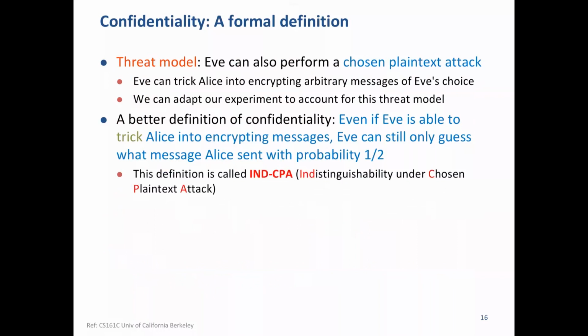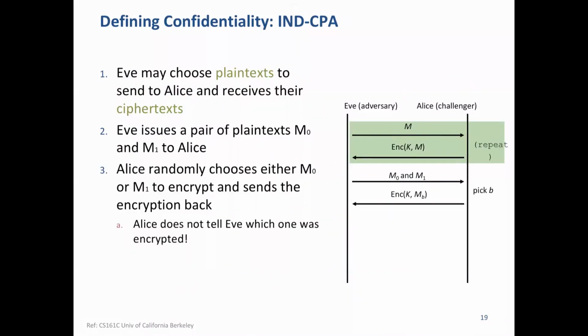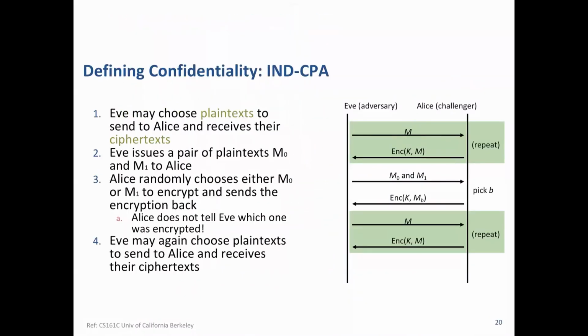In this game we have seen that Eve sends any number of messages, and Alice encrypts and sends them back. Then Eve sends two messages, M0 and M1, and Alice randomly picks one of them, encrypts it and sends it back. Based on this, Eve cannot guess whether M0 or M1 was encrypted.